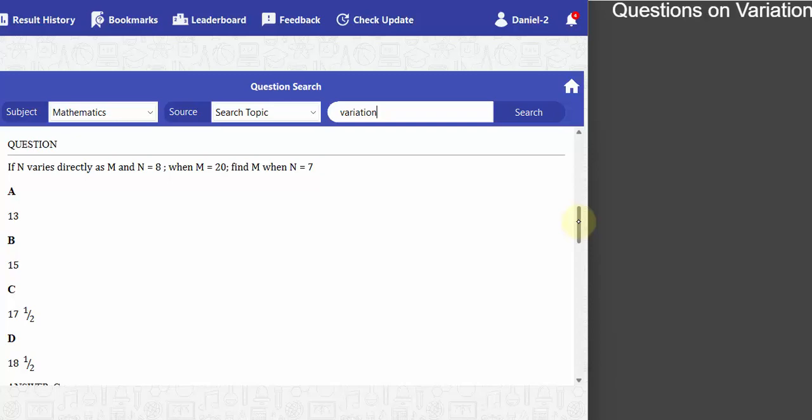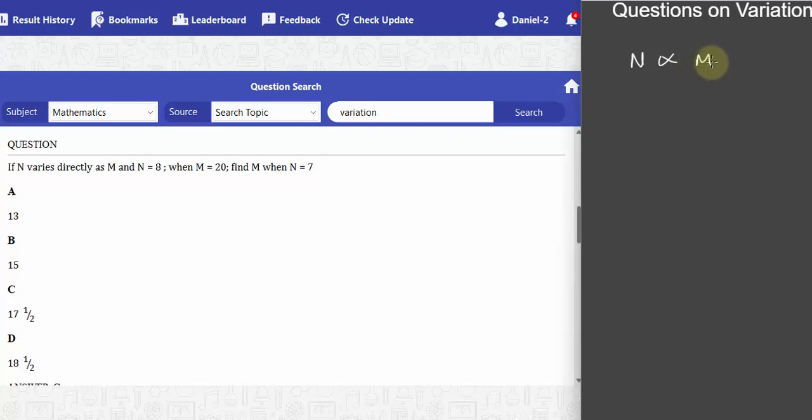So this is a direct variation problem, and this is how you interpret it. n varies directly as m. So you use the symbol to indicate varies directly as m. Then the next thing you need to do is to turn this into a formula, which is n equals to, you remove the sign of proportionality and change that to an equal sign.